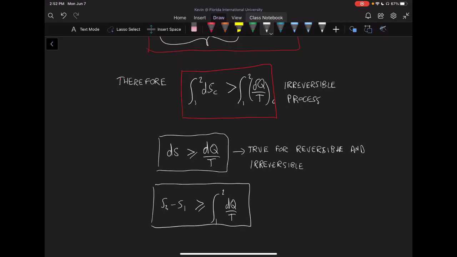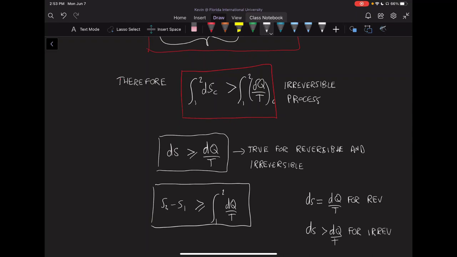And we know, once again, that dS is equal to dq over T for reversible, and dS is greater than dq over T for irreversible.